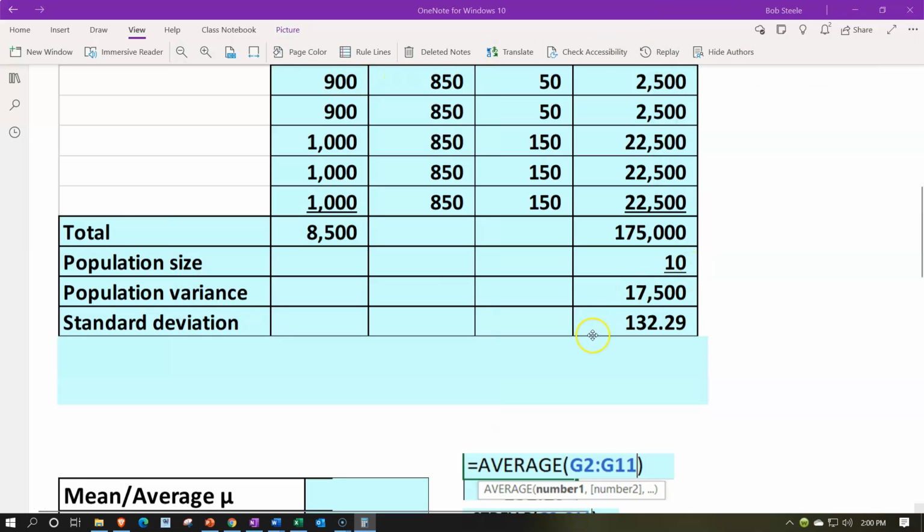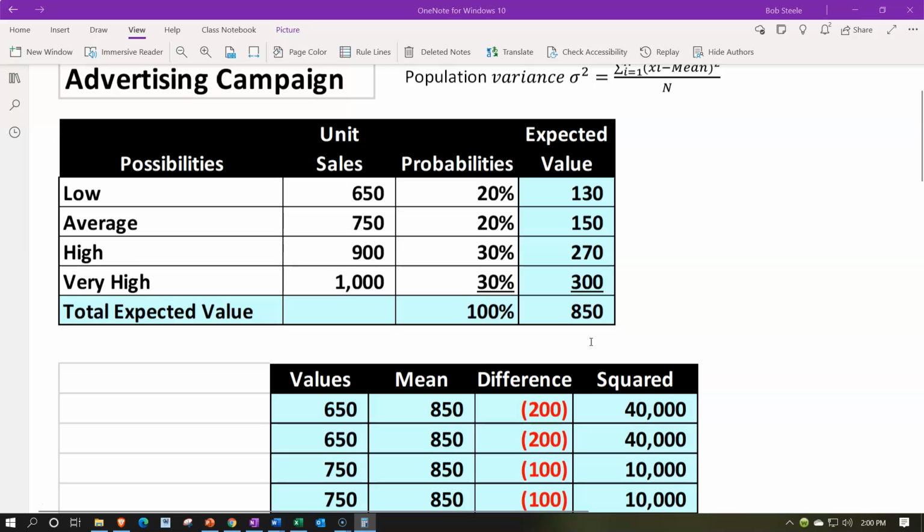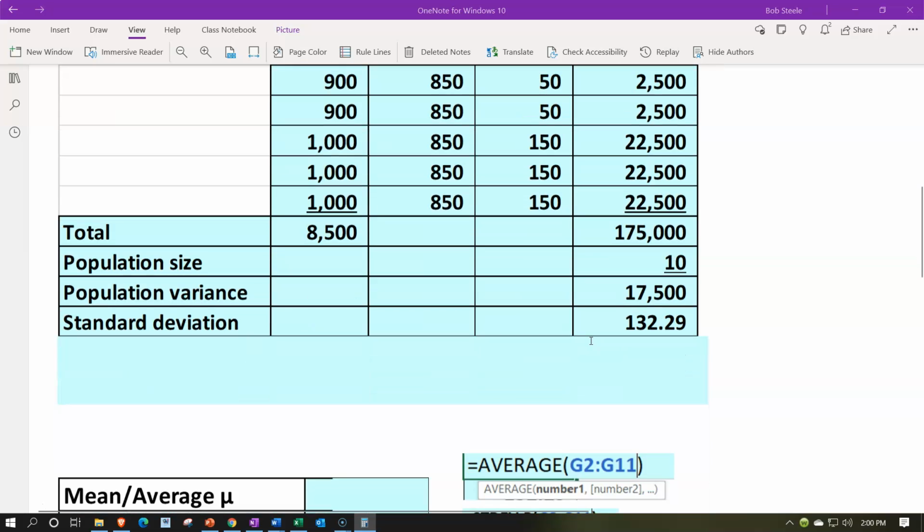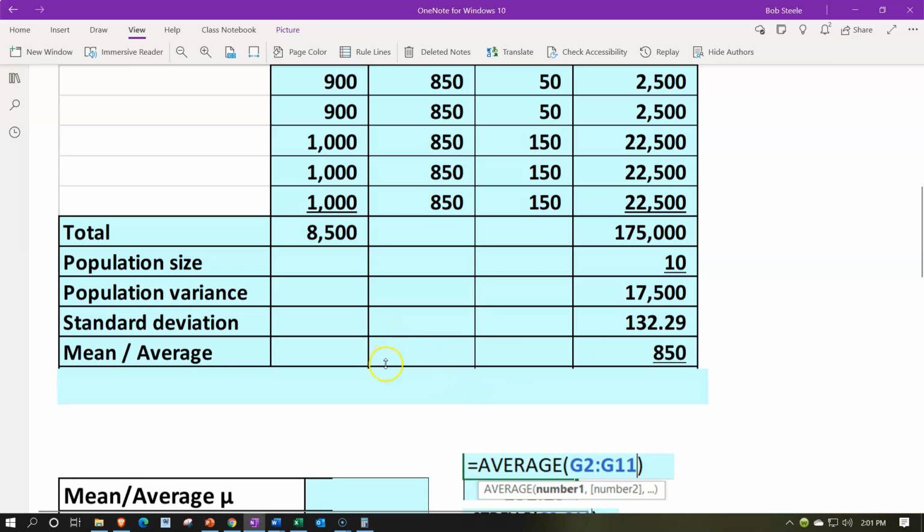That's going to be in the actual unit, which in this case were the units of sales that we're going to have for our advertising campaign. That gives us an idea about the dispersion around the mean in units that are typically relevant to us.